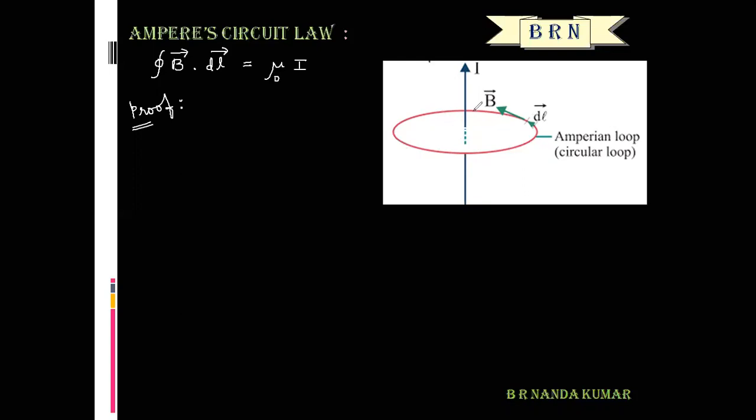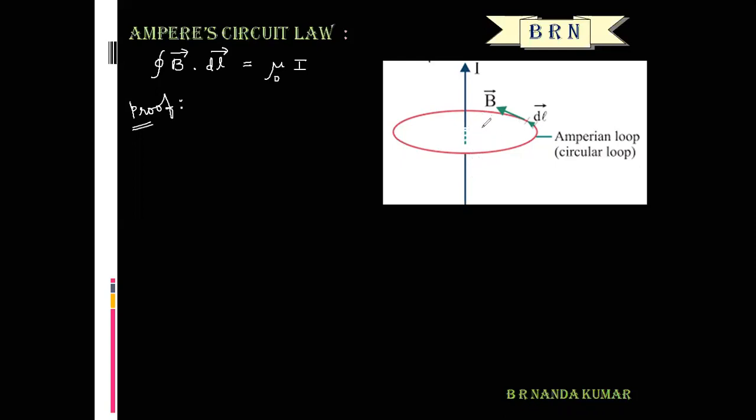So if the current is flowing vertically upwards, what is the direction of magnetic field around the straight current carrying conductor? It is anti-clockwise. If the current is flowing vertically downwards, then the direction of magnetic field is clockwise.